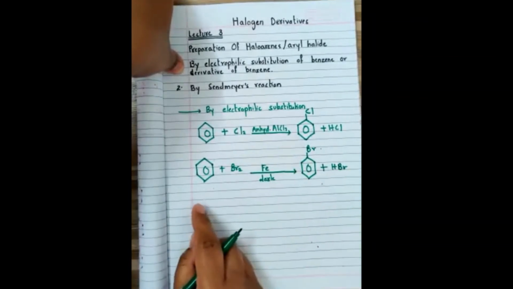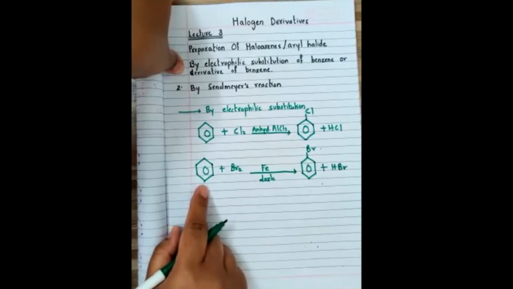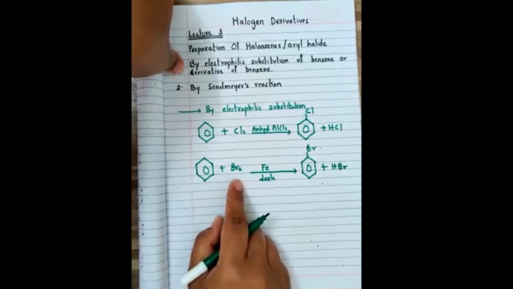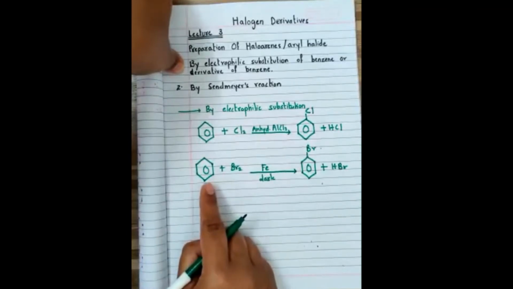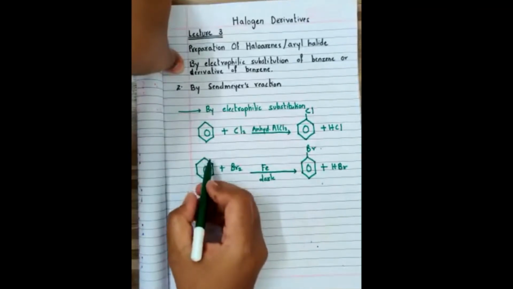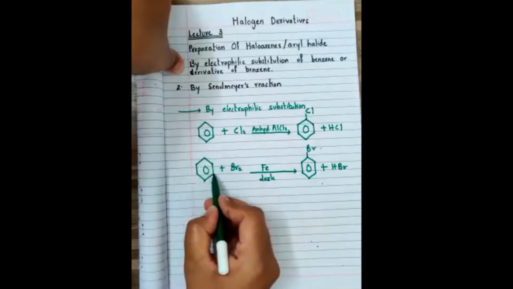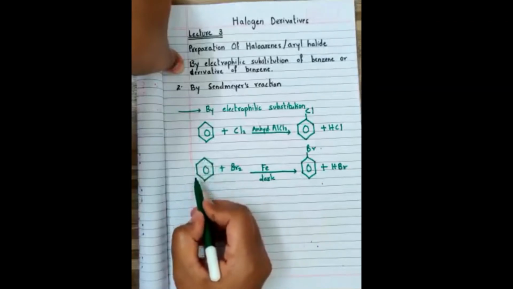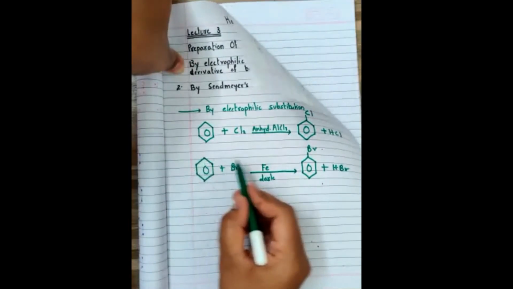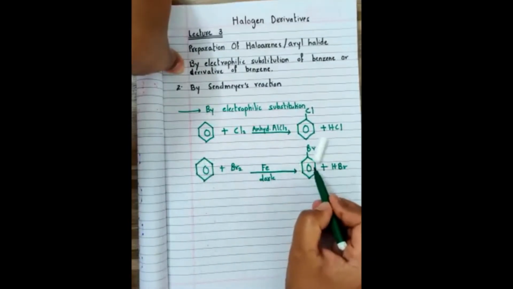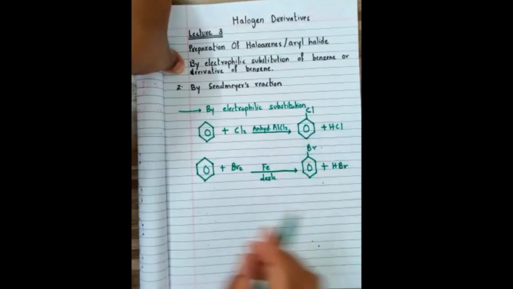Now these are the reactions where benzene is undergoing what? Electrophilic substitution reaction. When we are substituting the halogen to benzene, we know that all the 6 carbons in benzene are exactly same. So bromine going to any carbon will make only one kind of product, that is bromobenzene.